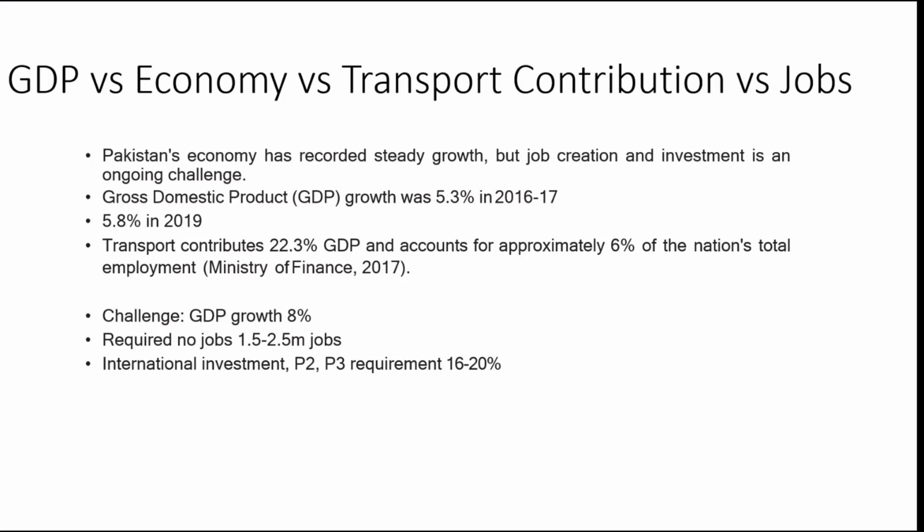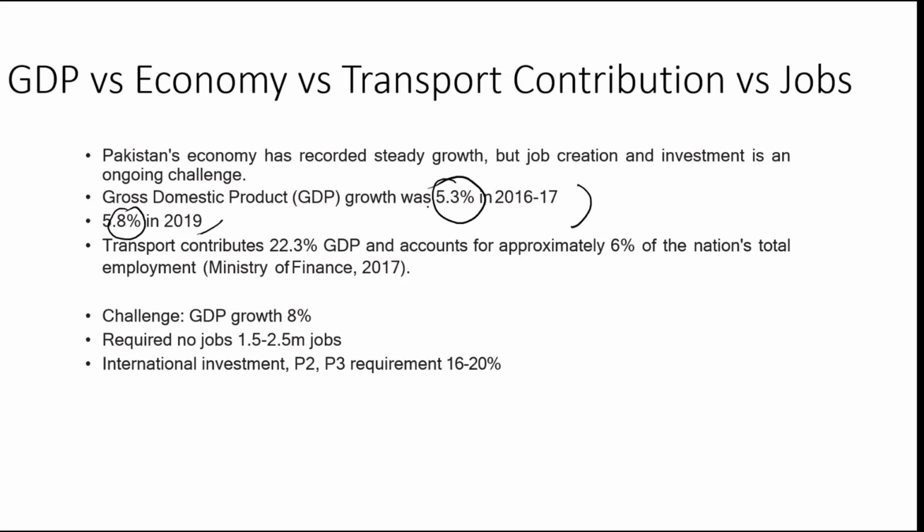Okay, the GDP, the domestic product, was recorded in the year 2016-17 at about 5.3%, while in the year 2019 about 5.8%. So you need to understand that our GDP is quite stagnant.